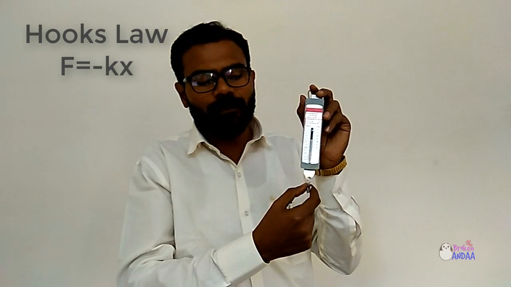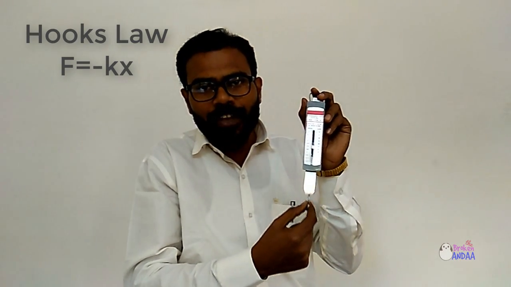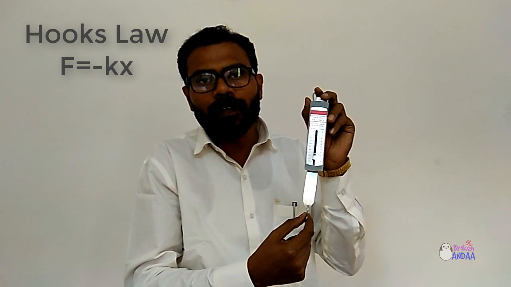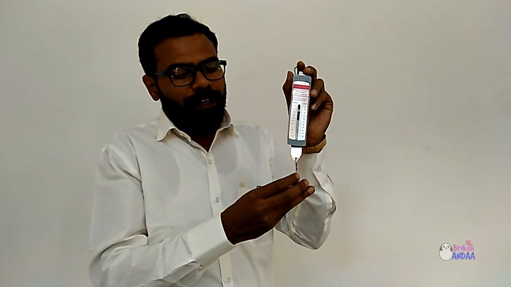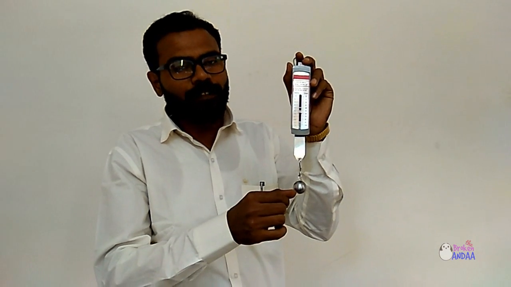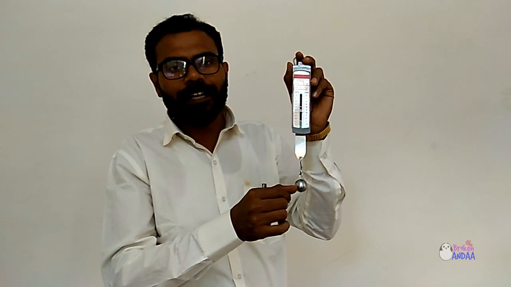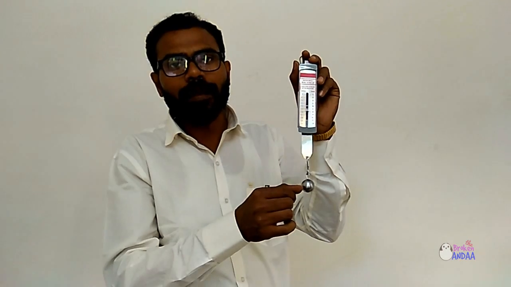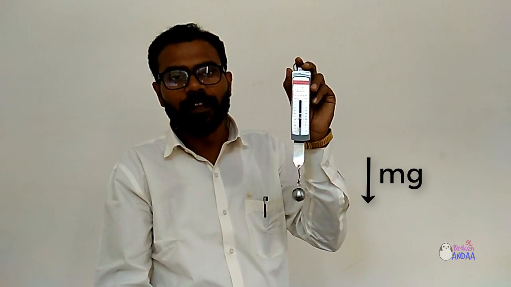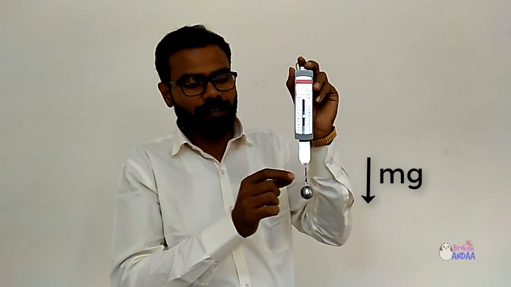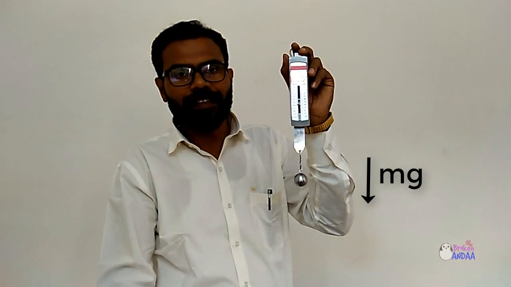Why minus kx? If I am stretching the spring, the restoring force is in the opposite direction, trying to get it back. In this particular situation, the gravitational pull acting on the blob, which is equal to mg, is balanced, because the blob is at rest.